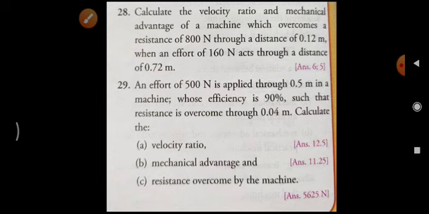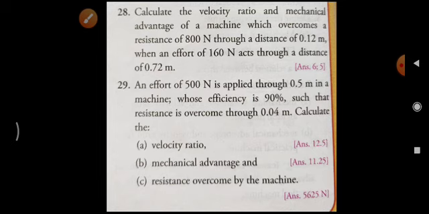Yes, obviously it is possible, because one formula is there, efficiency is equal to mechanical advantage divided by velocity ratio. From that, two things are already given. Efficiency is 90% and the velocity ratio we have already found, that is 12.5.